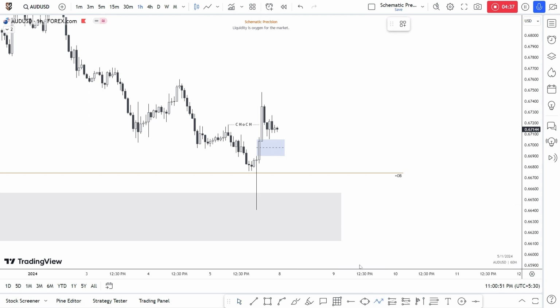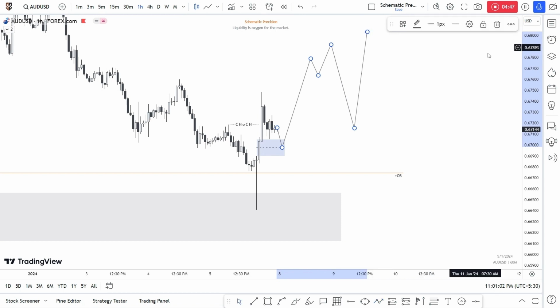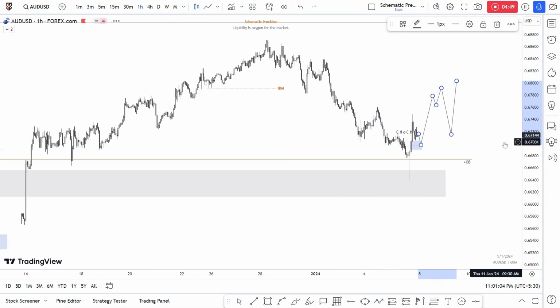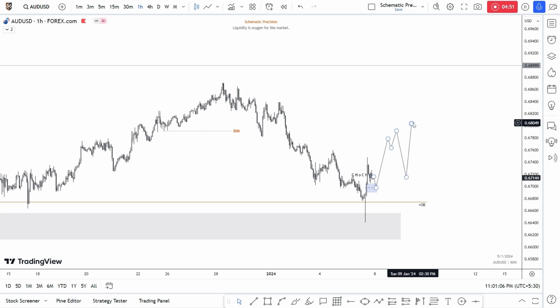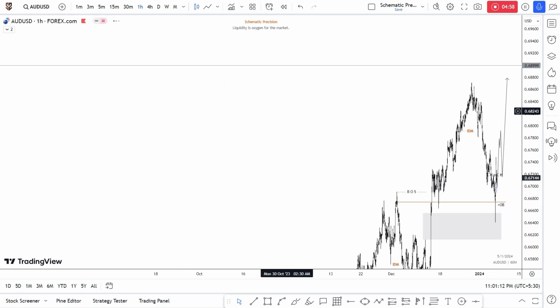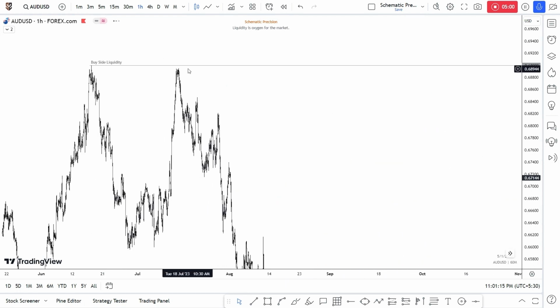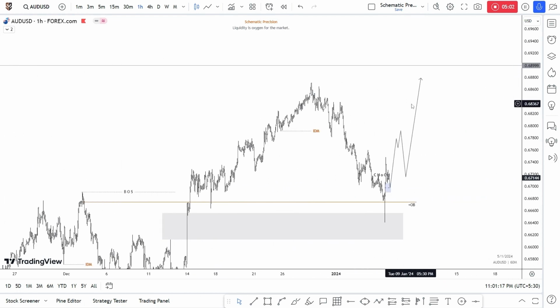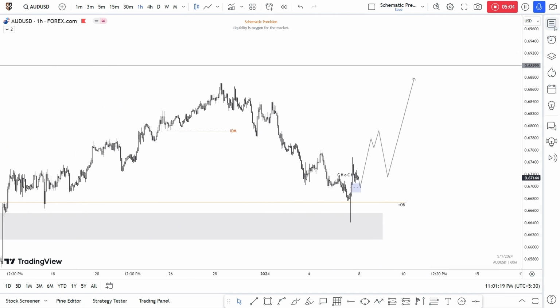So I'm expecting price to come in this fair value gap in the early week and continue higher to take the buy side liquidity resting above all these highs on the left side, and majorly above these two highs on the left. So simple Aussie as well as Euro USD.